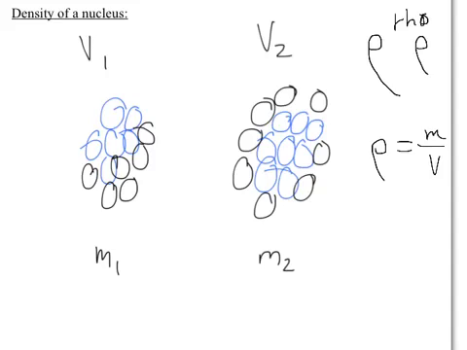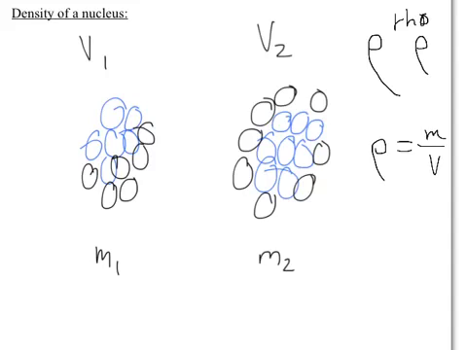If the mass goes up and the volume goes up, it turns out that the density is pretty much the same for all nuclei. So it doesn't matter what size nucleus it is. The density is approximately the same for all nuclei, which is pretty amazing to think about. The density does not change for any of them.